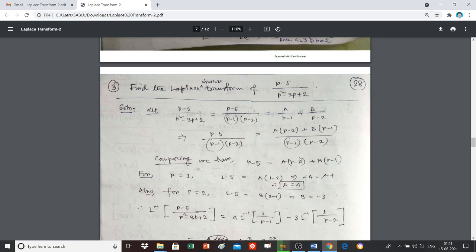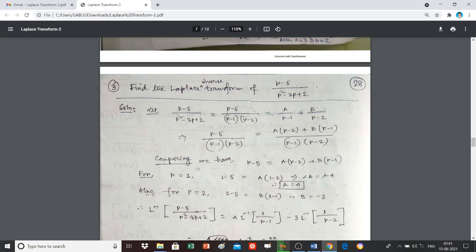And for p equal to 2, this term will give you a null result. So 2−5 equals B(2−1), or B is equal to −3 from here. So we have found the value of A equal to 4 and B equal to −3, and just substitute these values in this expression.